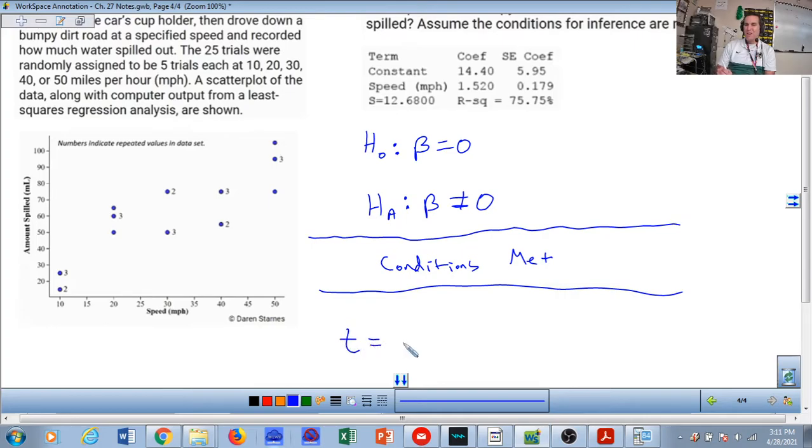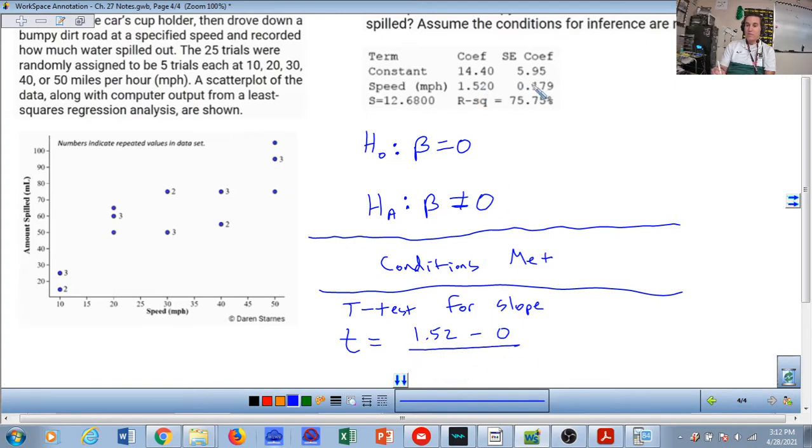But I'm good. I can do it by hand. I should write the name of it. I'm doing a t-test for slope. And my test statistic will be my slope that I got. There's my x variable. So my slope is the 1.52 minus 0 divided by the standard error.